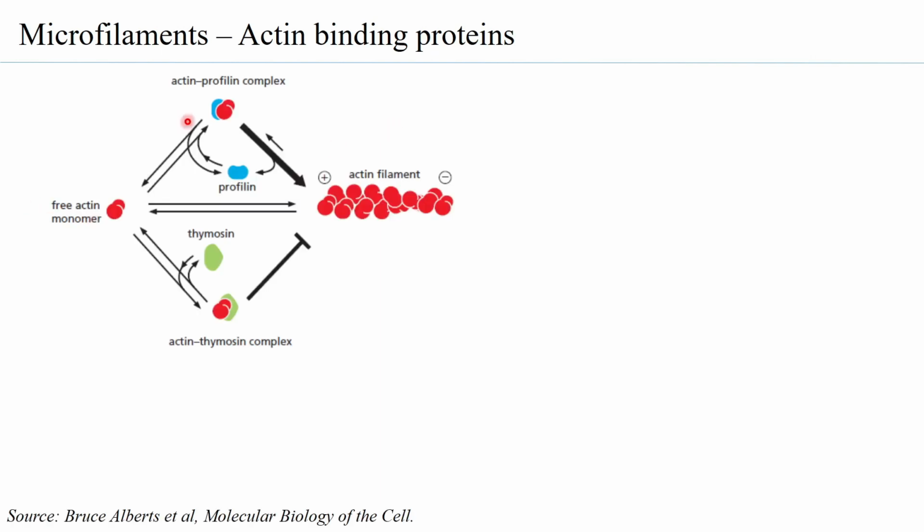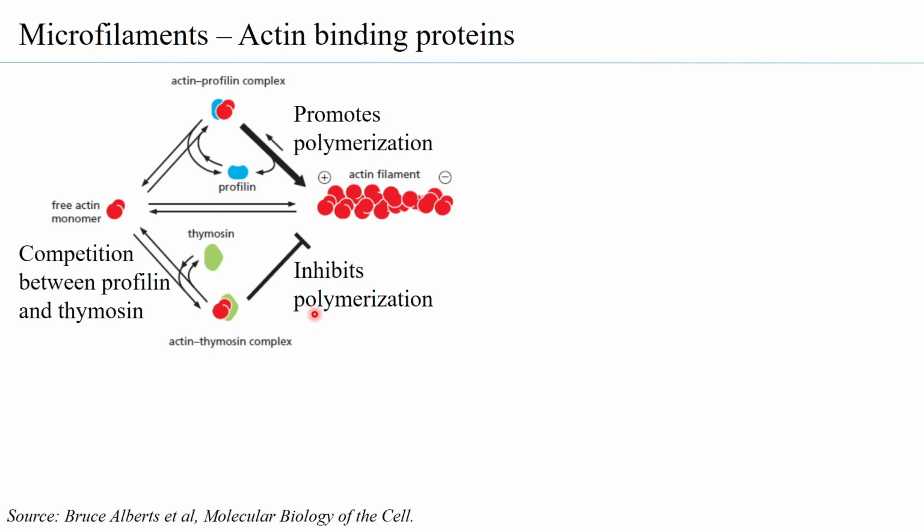So, say for example, you have profilin. Profilin is again an actin binding protein, and this profilin, on binding to actin, is actually promoting polymerization. So you will see that there is enhanced polymerization when profilin is binding to actin, while if thymosin binds to actin, then there is lesser polymerization, or polymerization is inhibited.